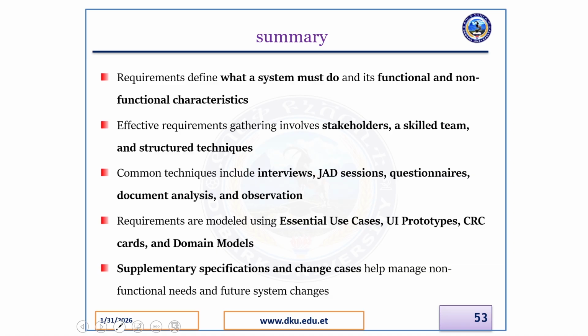Common techniques include interviews, chat sessions, questionnaires, document analysis, and observation. We have also discussed how requirements are modeled using essential use cases, user interface prototypes, Class Responsibility Collaborator cards, and domain models. Finally, we have discussed supplementary specifications and change cases, helping manage non-functional needs and future system changes.